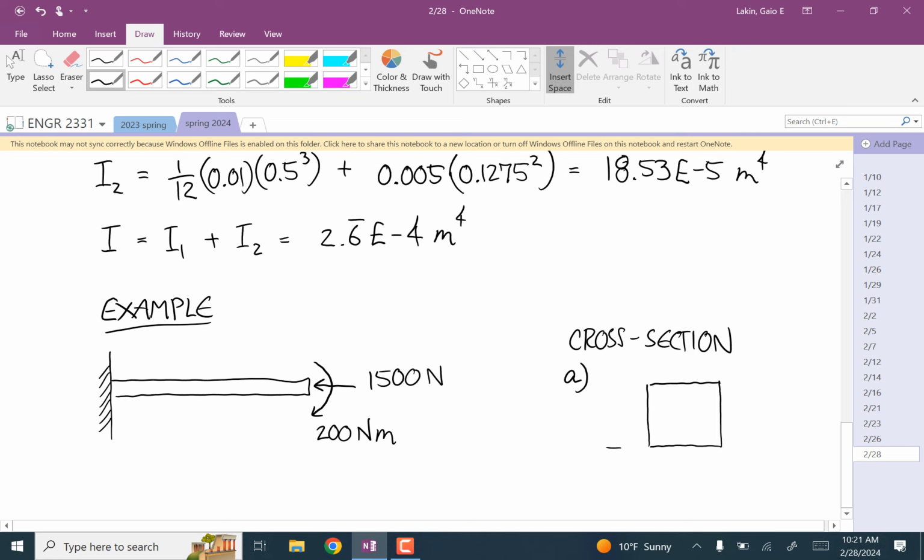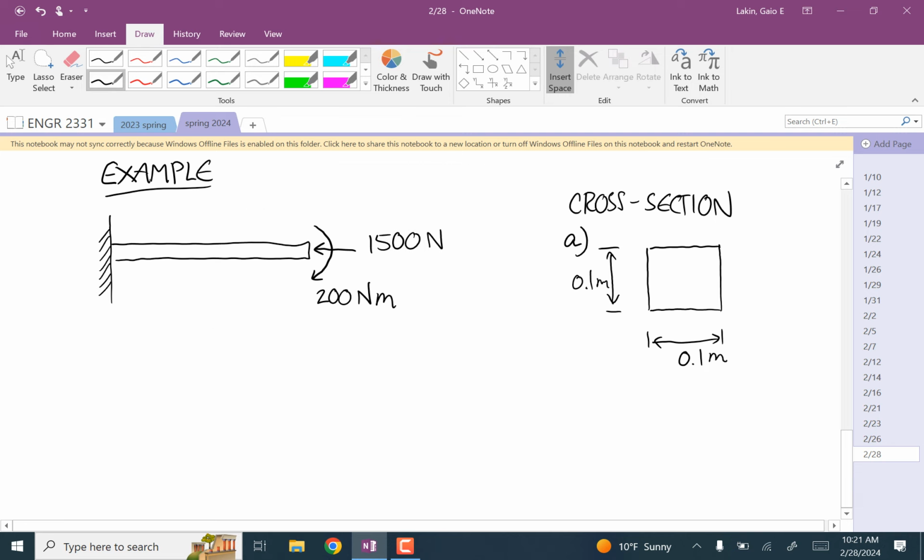So we're first going to do this with this beam. And then we're going to do it with the beam that we just did in the last example.